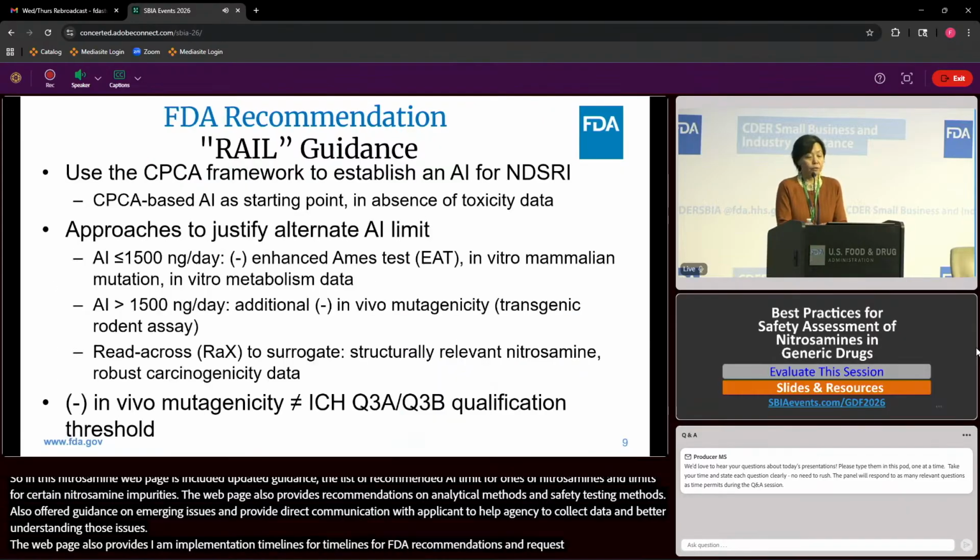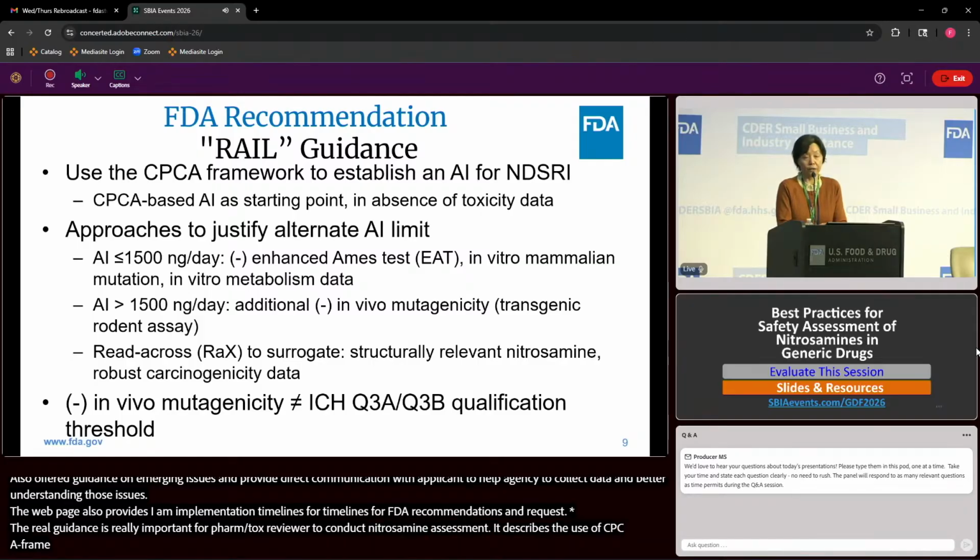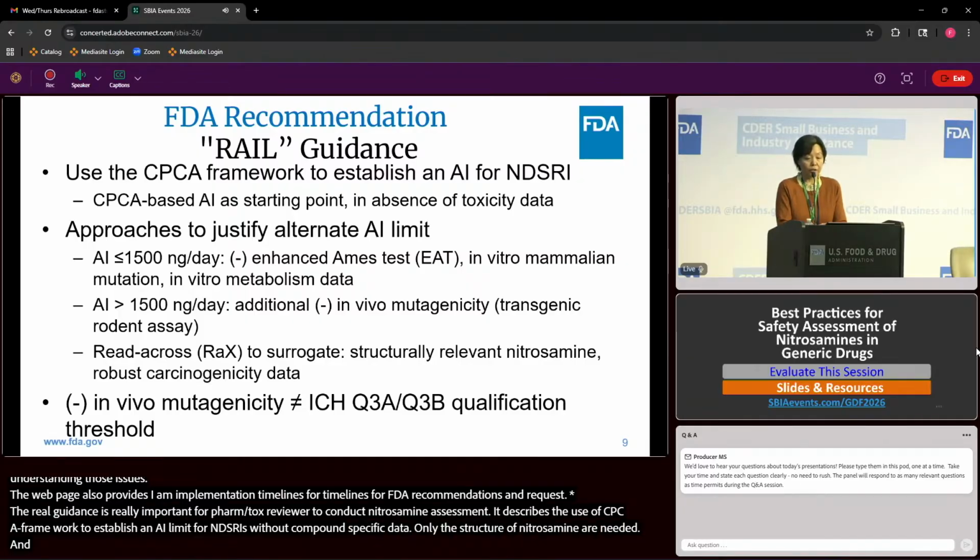The NDSRI guidance is really important for pharm tox reviewers conducting nitrosamine safety assessment. It describes the use of the CPCA framework to establish an AI limit for NDSRIs without compound-specific data. Only the structure of the nitrosamine is needed. Based on the structural features that can affect alpha hydroxylation, which is critical for nitrosamine mutagenicity and carcinogenicity, numeric scores are assigned for features such as alpha hydrogens and activating and deactivating features.